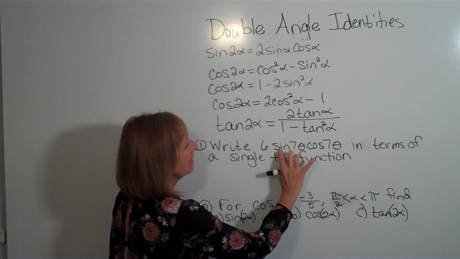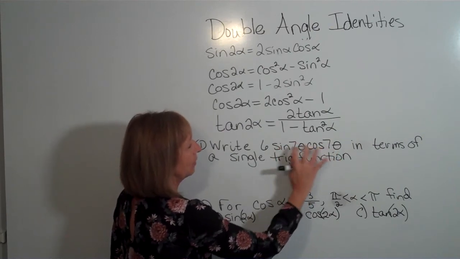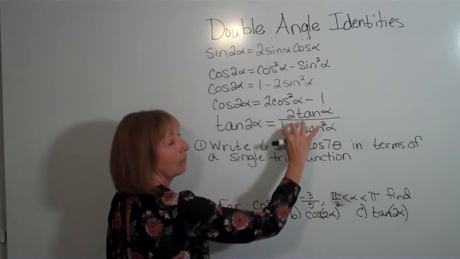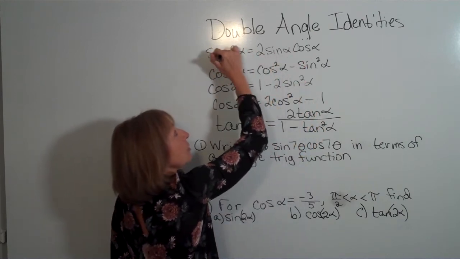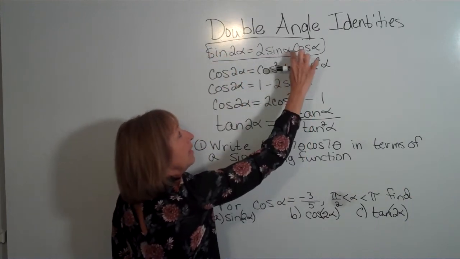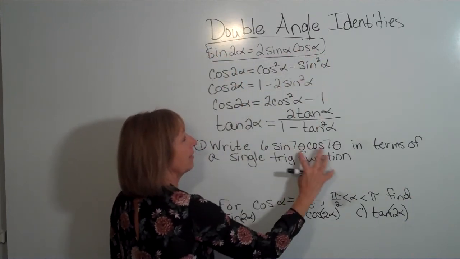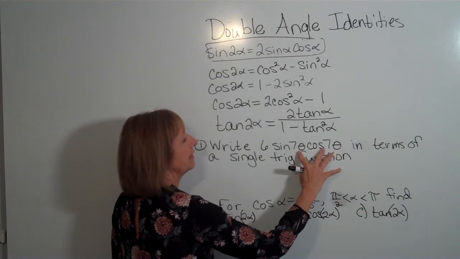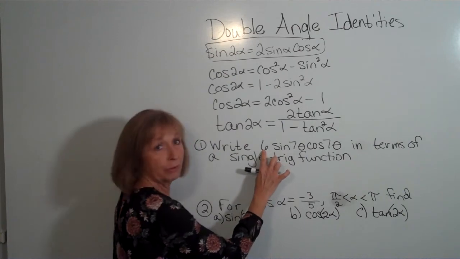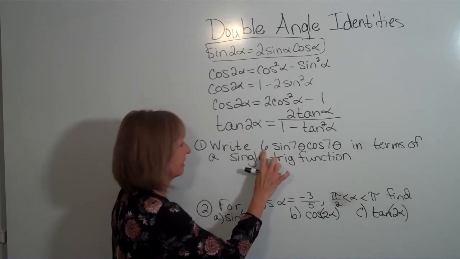So I see that it's sine of an angle, cosine of the same angle, and there's a coefficient in front. And of these right-hand sides, the one that's closest to it is this one, with sine the angle, cosine the angle multiplied together. These angles are the same, 7 theta takes the place of the alpha. But I need a coefficient of 2 in front of it, and this has a coefficient of 6.